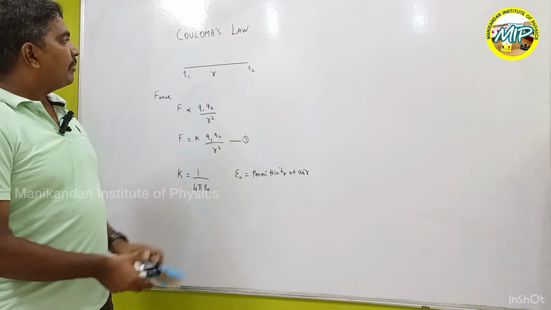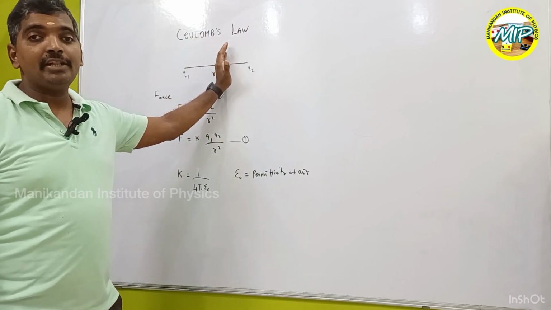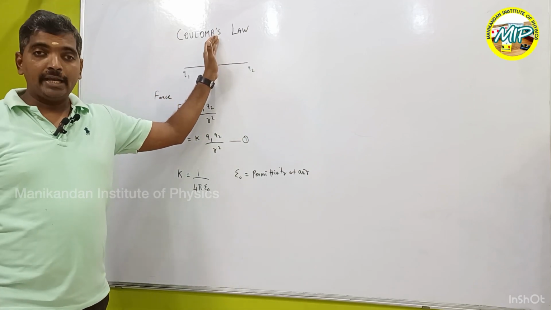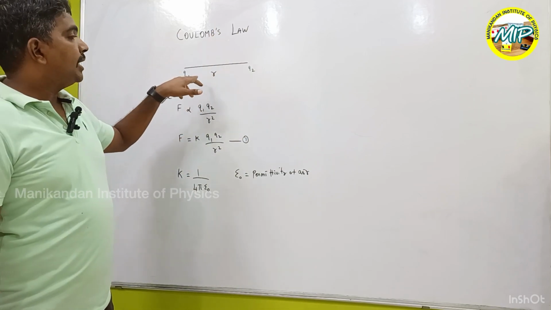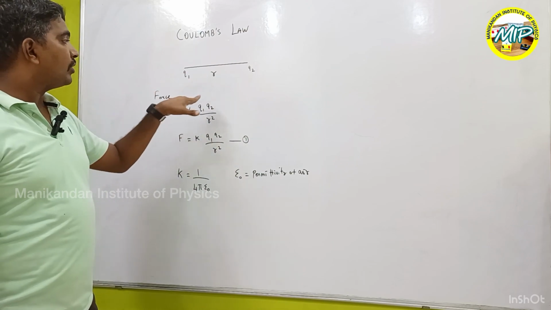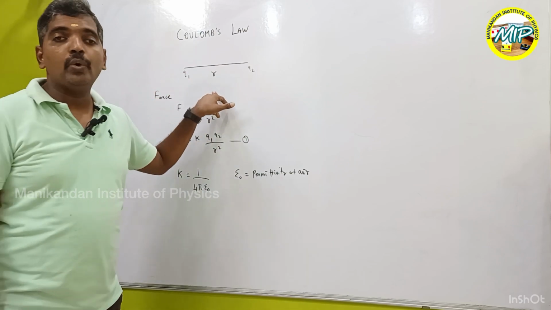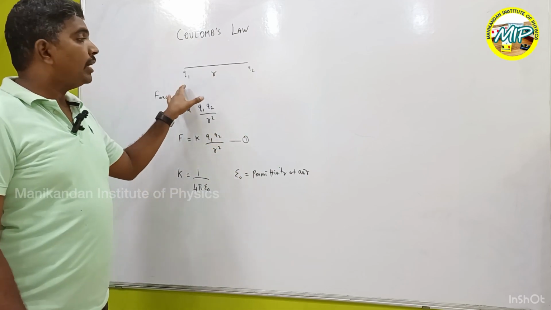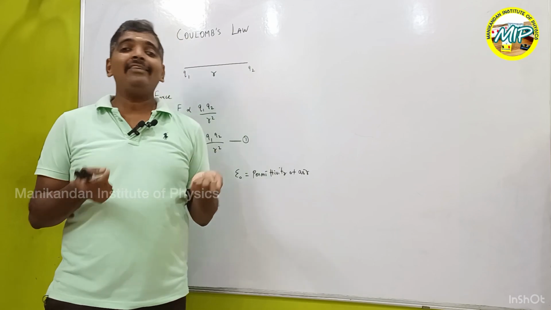Obviously, if I place some other medium in between, for example my hand here, my force will get affected. So my force depends not only on q1, q2 and r square, it also depends on what kind of medium is between the two charges.